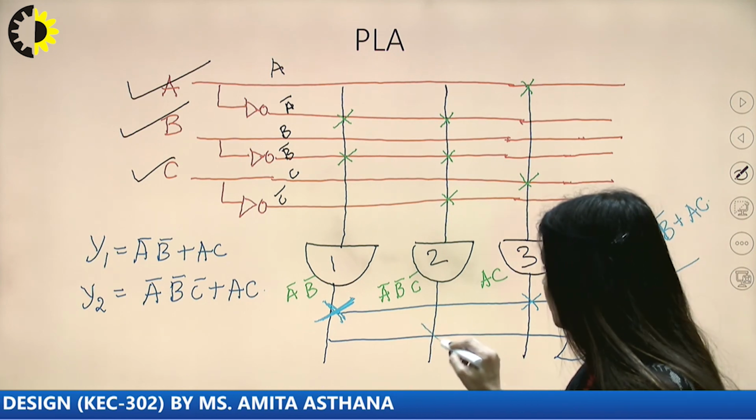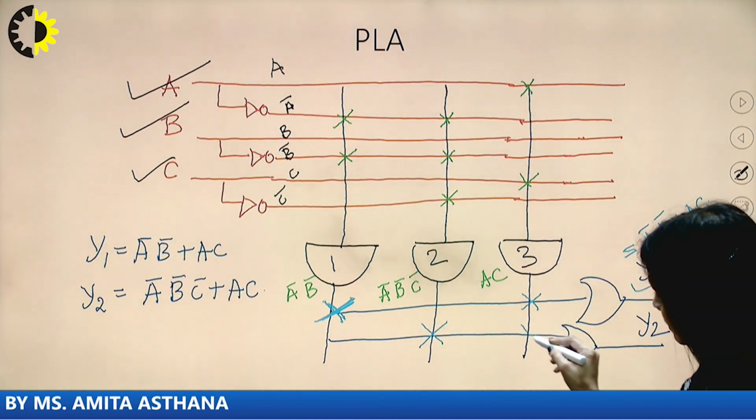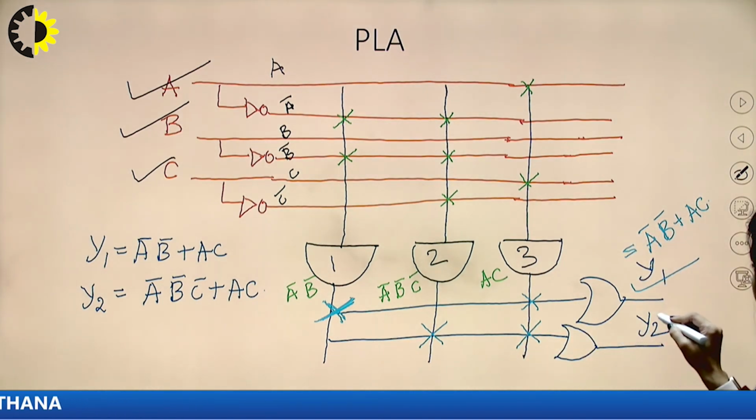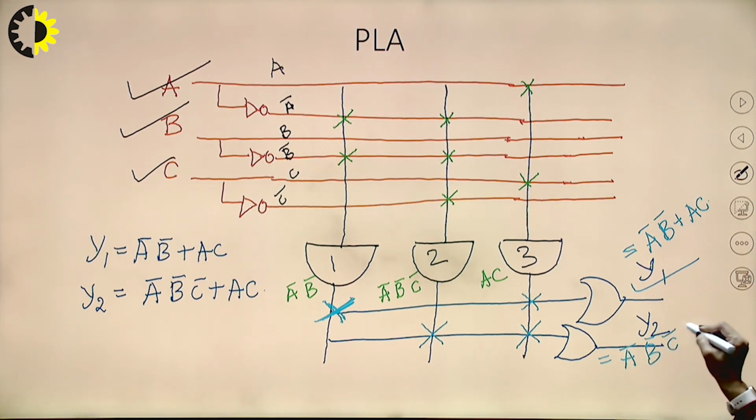This is the output for A bar B bar C bar, and the output for AC. So Y2 will give me A bar B bar C bar plus AC.